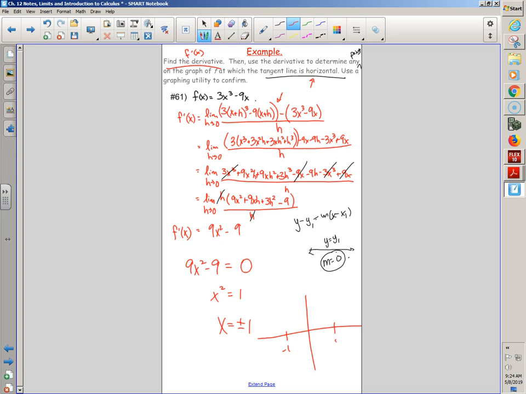Negative 1 is negative 3, negative 3 plus 9 is 6. Can't I actually figure out exactly where positive 1 would be, negative 6? Can't I figure out exactly where and how this cubic goes?